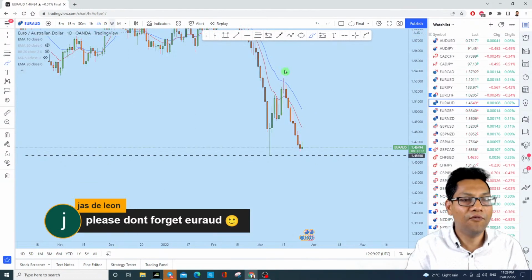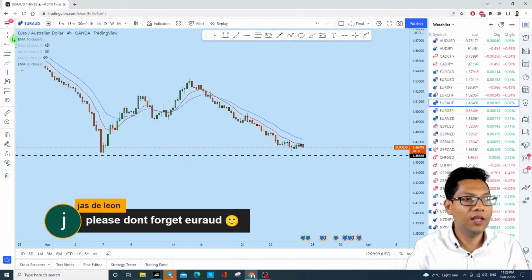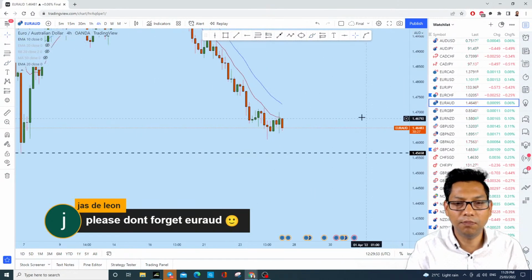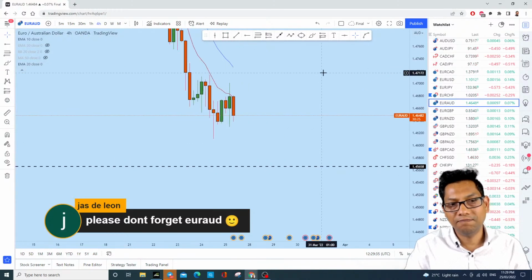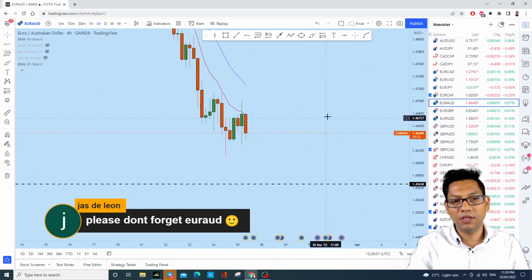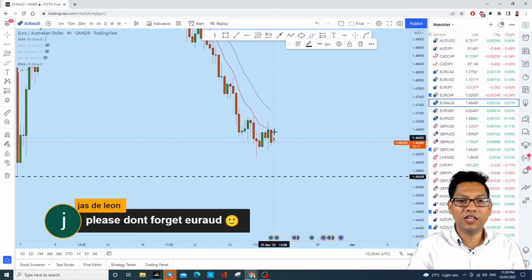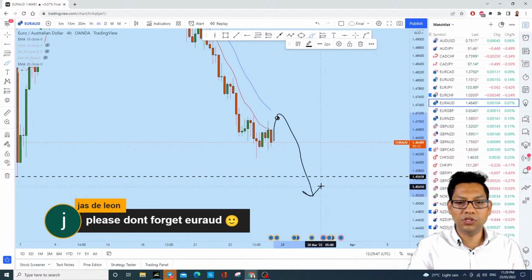Now let's see the 4 hour, how we can trade. Okay, now if this one closes as a bearish pin, bearish engulfer, yeah, this one could be traded, but not from here, because it's the end of the week. We might see another spike around this zone, and then maybe we'll see a drop.